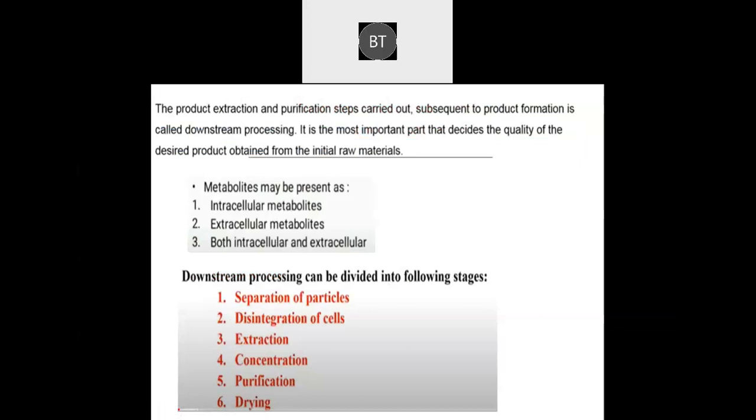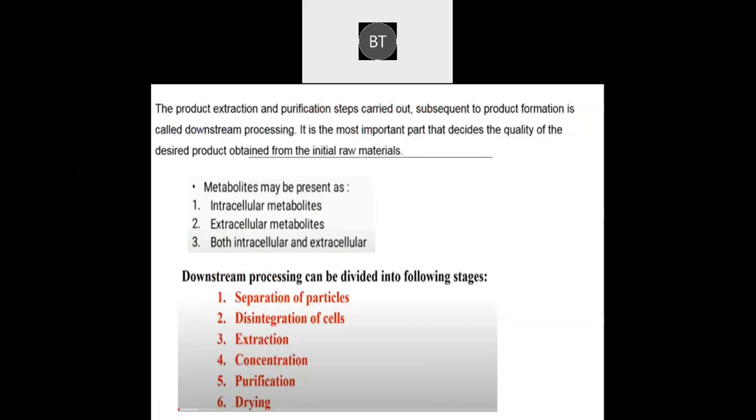Downstream processing refers to the recovery and the purification of biosynthetic products, particularly pharmaceuticals, from natural sources such as animal or plant tissue or even the microorganisms. This also includes recyclable or salvageable components.